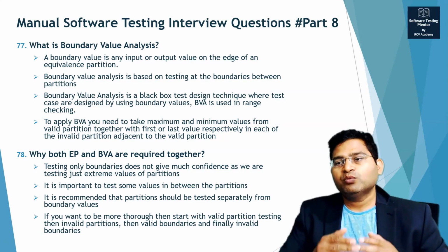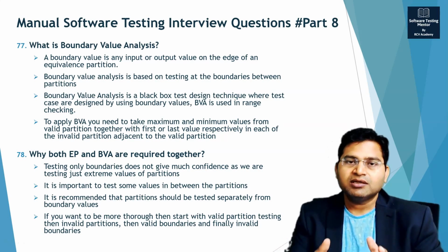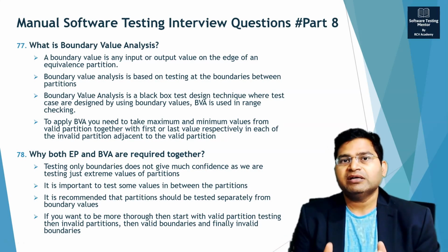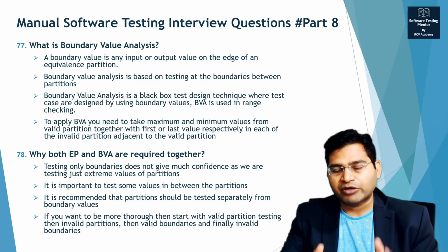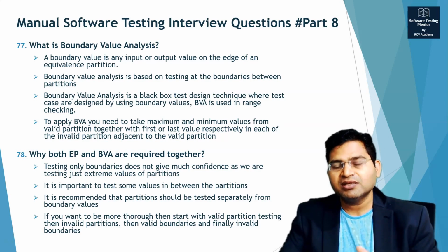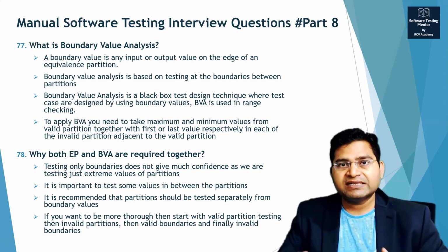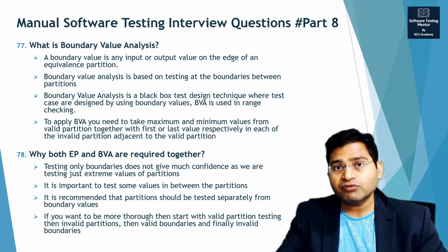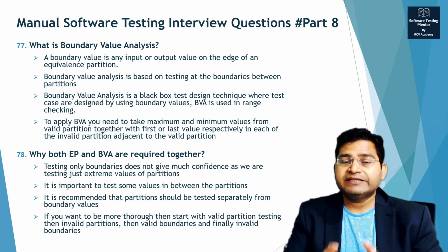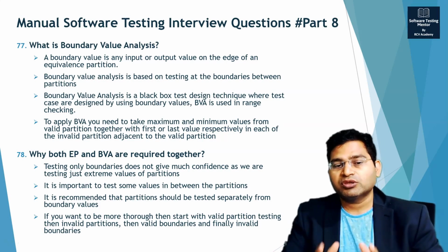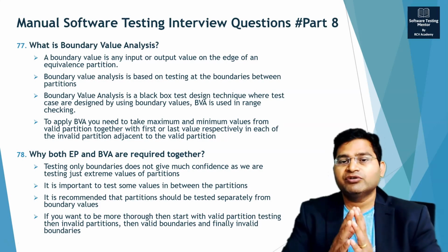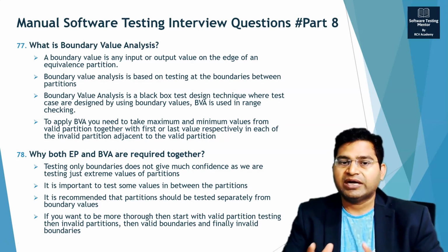So that is why when you create equivalence partitions, you also pick the edge cases of these boundaries, and that is why both equivalence partitioning as well as picking the test conditions from the boundaries of these partitions is important, and that is why both equivalence partitioning and boundary value analysis are required together.